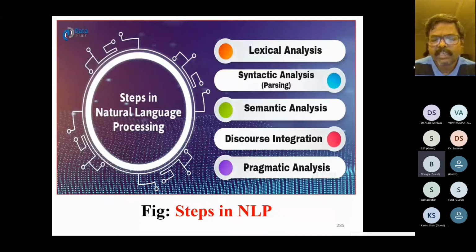A is a lexi, plus is a lexi, B is a lexi: A plus B. So we are analyzing how many operands, how many operators. That is called lexical analysis.